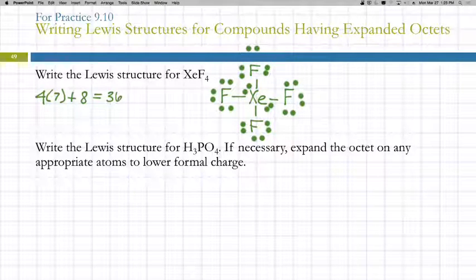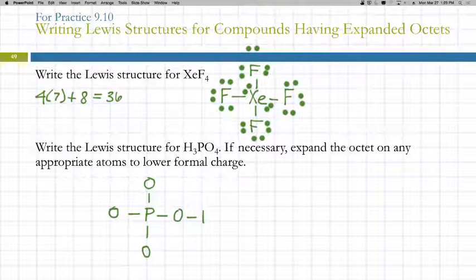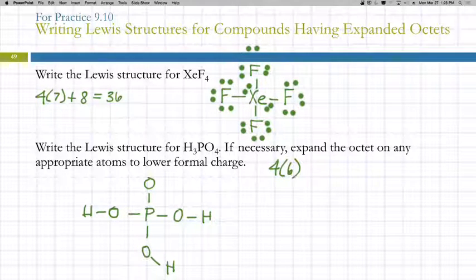Okay, let's do phosphoric acid. This is going to look a lot like sulfuric acid. The phosphorus in the middle and the oxygens around it. And then we're going to put the hydrogens on the oxygens. Four oxygens each have 6 valence electrons.